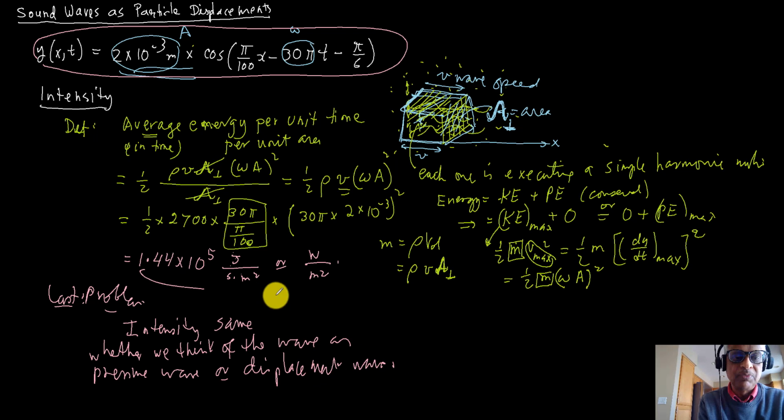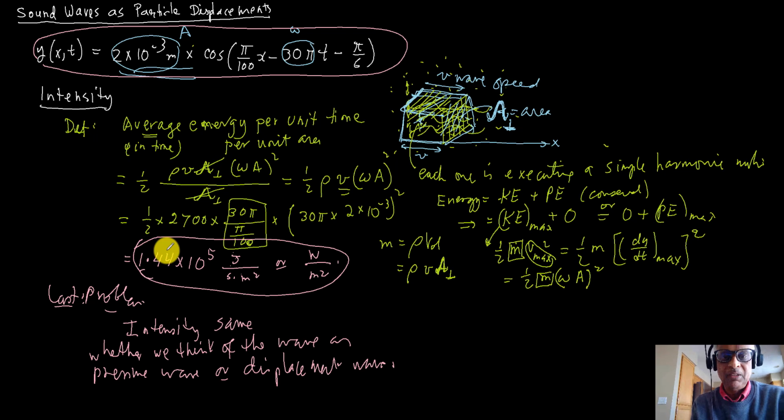So we're going to use this value, but apply it to the formula we get from the consideration of the pressure wave. Let me erase and get a clean slate again.